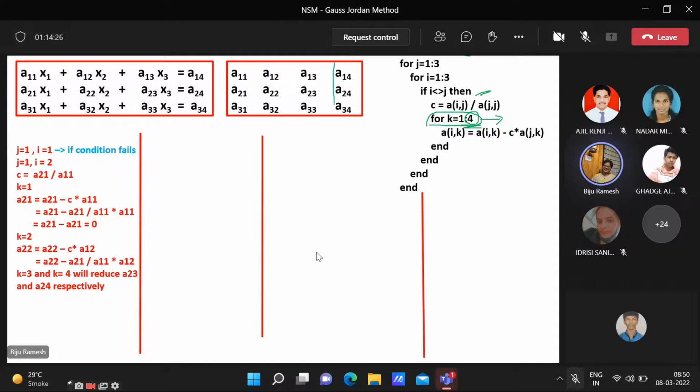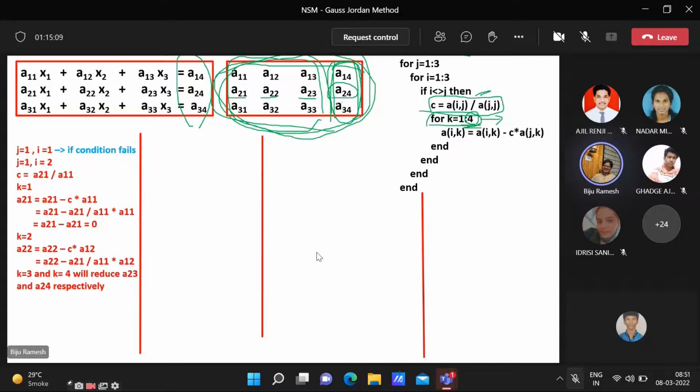Because the elements on the RHS are also stored in the form of a matrix. These elements in the fourth row are what is there in the RHS. So we need this also. The reduction formula that you apply to A21, A22 and A23 should be applied to A24 also. But we have a matrix of size 1, 3, and this is LHS and this is RHS.